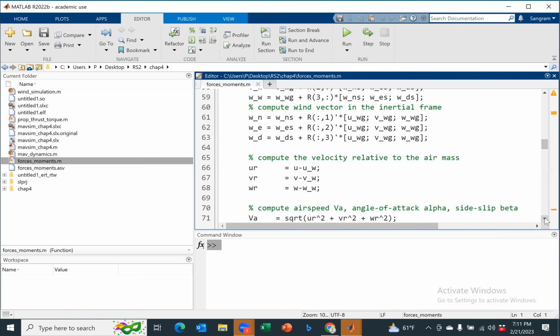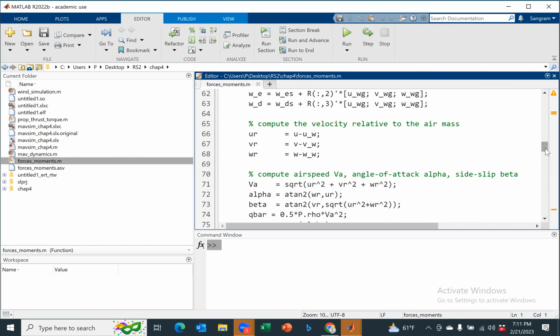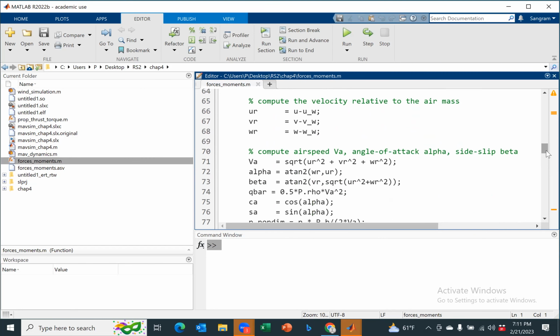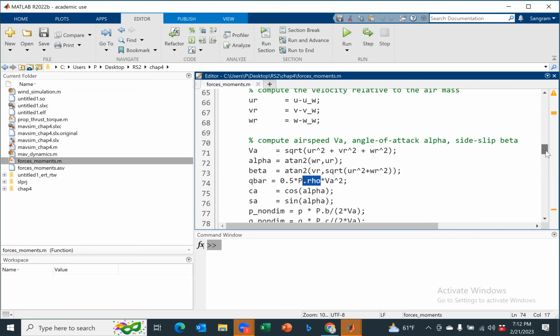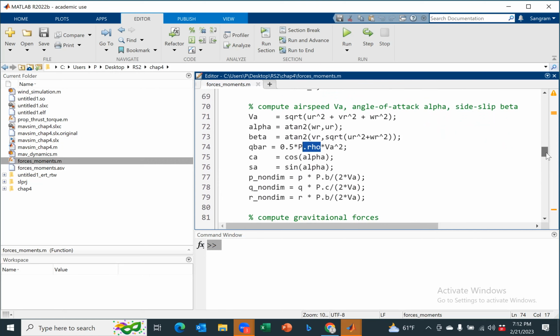And once you have UR, VR, WR, you have the airspeed, you have alpha, which is angle of attack, you have beta, and you have Q bar, which is the dynamic pressure, which is P.rho, the density defined in the structure P for the UAV, multiplied by VA squared. And then you have cosine alpha, sine alpha, and non-dimensional P, non-dimensional Q, and non-dimensional R.